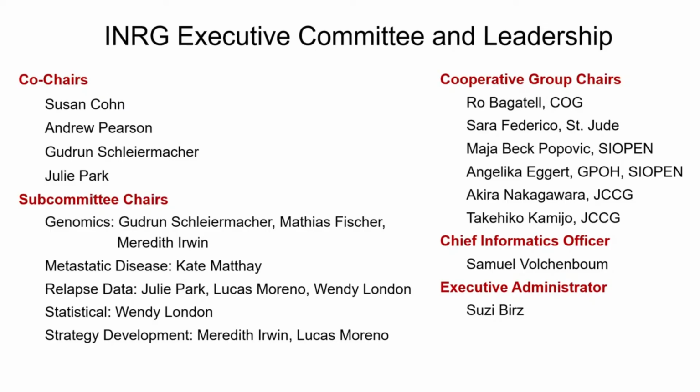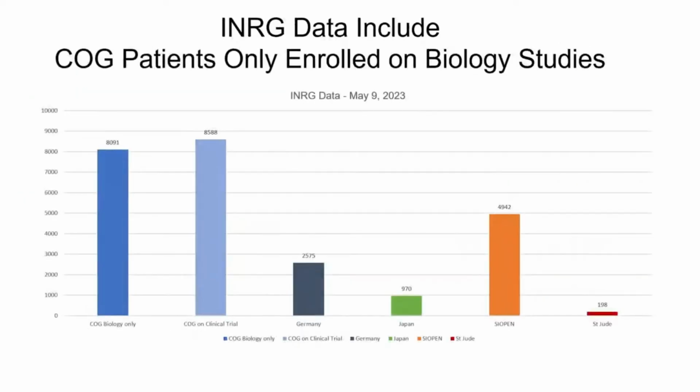Then there are various subgroups assigned different missions, on things of interest to the field such as genomics, patterns of metastases, and what we can learn from relapse data. The subcommittees think about how to answer specific questions within the field using this large data set.